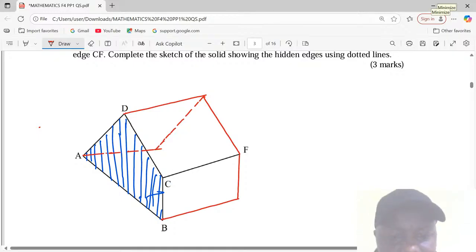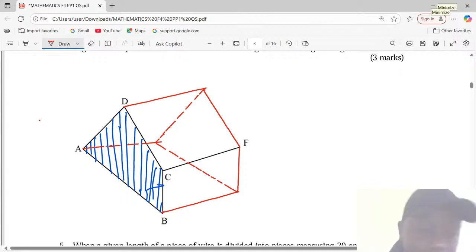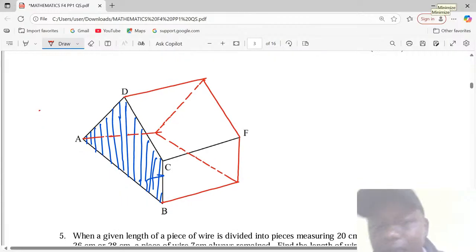Then now there is the base. I'm supposed to draw it like this because there is a hidden edge, like that. So this is now the solid. You see the area that we can see here, A, B, C, D, is also appearing on the other side, though some of the lines are broken.